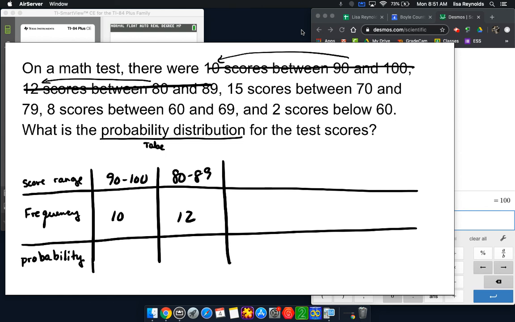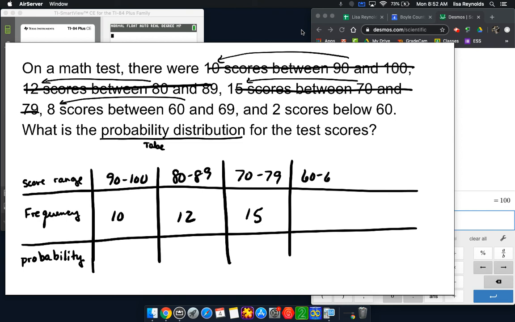We have 70 to 79 with 15. We have 60 to 69 with 8. And then we have below 60 with 2.